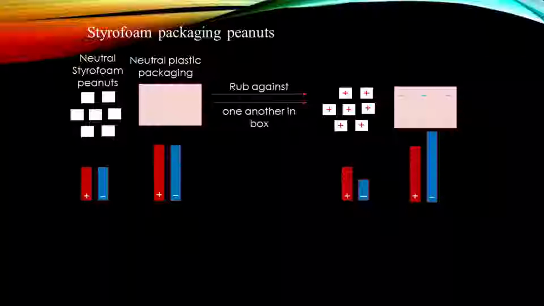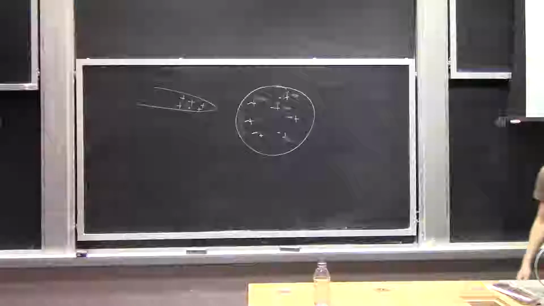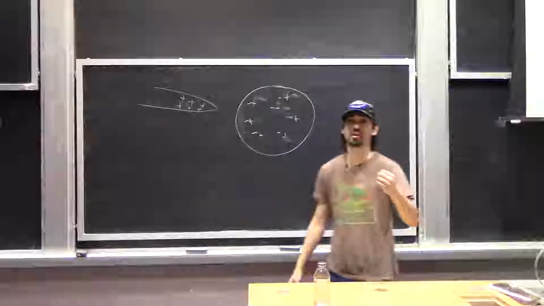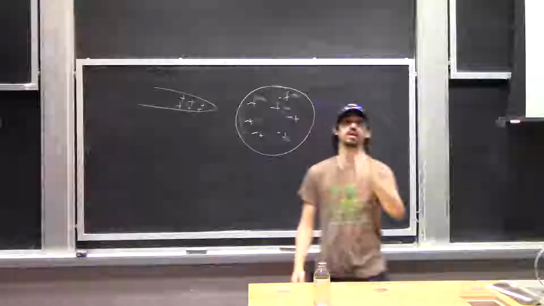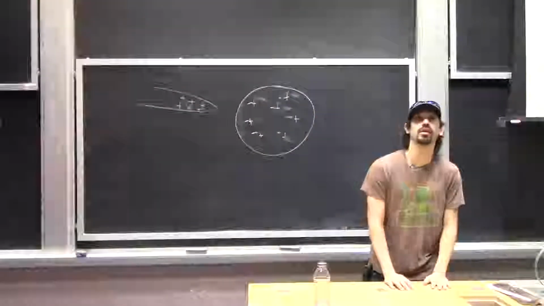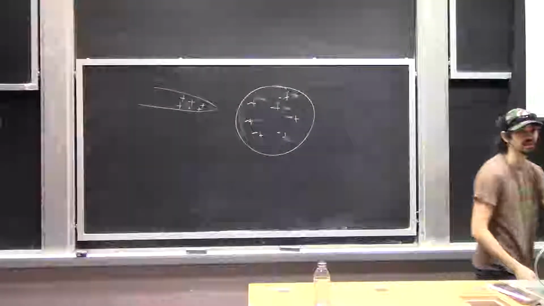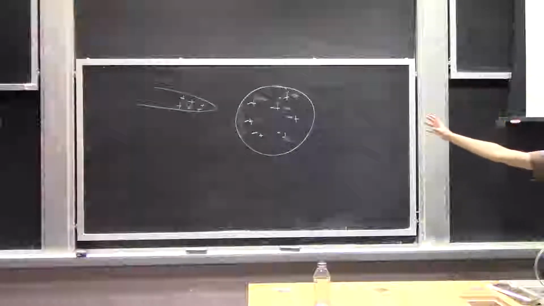And they'll be in a bag or around some cellophane, which is also electrically neutral. So these things are going to rub together, and what do you think is going to happen? You've seen it before, right? So what do you notice about it? Yeah, they stick together. We want to know why they stick together in the context of the things that we've been talking about.